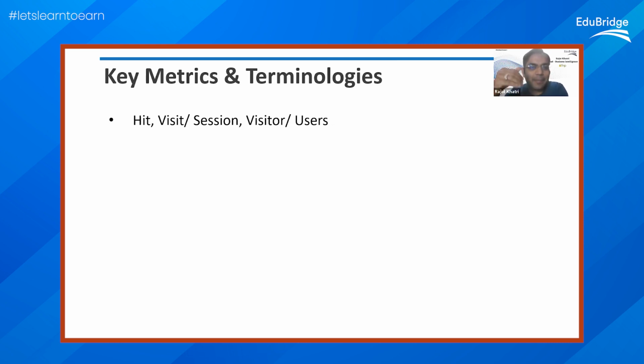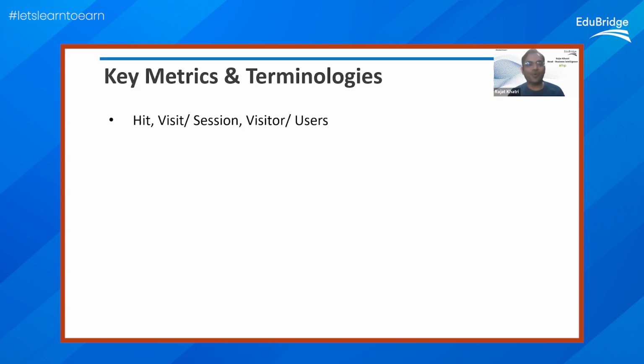But what might happen is, I just opened Ferns and Petals, I clicked, and let's assume now I go out for a tea and I come back after 1 hour, but the website is still open on my system. What will happen in that case? After 30 minutes of inactivity, automatically it will say that this visit is already over. Now, if I come back, I do not engage and I just close FNP, nothing will happen. But if I start interacting with it, it will be counted as yet another visit.